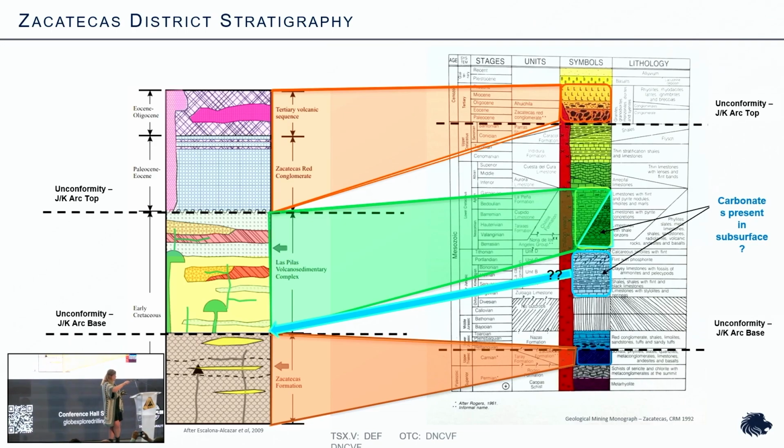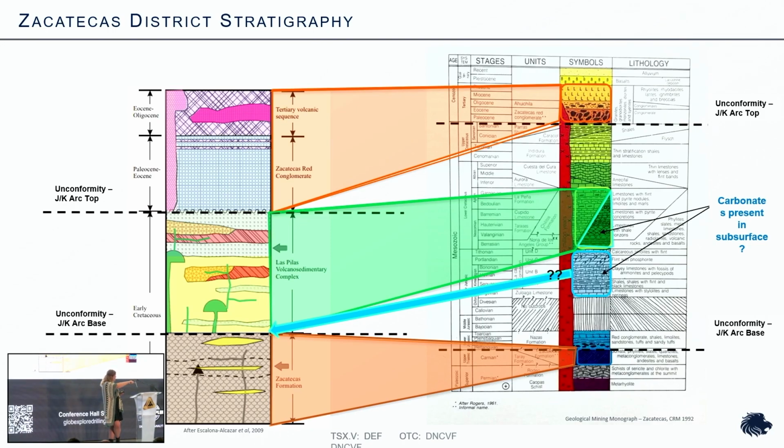This Chilitos package is very strongly volcaniclastic, with some packages of sediment. And the thing that we are starting to understand, because we now have a good sequence of mapping over the whole land package, is what the stratigraphy is in this area.